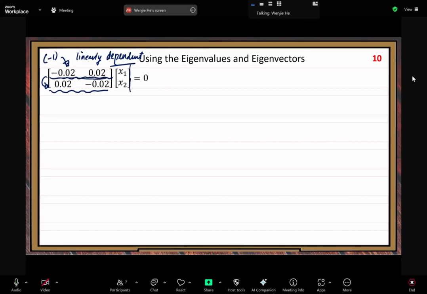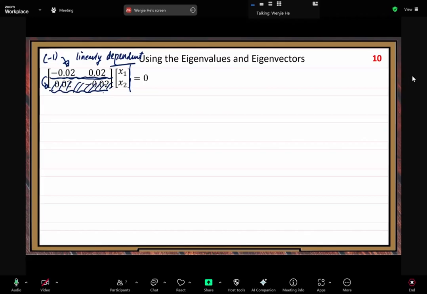The second one, because it's linearly dependent, has no contribution. The second row vector you can cross out, because for the second one you just multiply both sides of the first equation by -1. So you do not get any new information from the second equation. The first linear equation provides all the information you need. You don't need a second linear equation because of linear dependence.